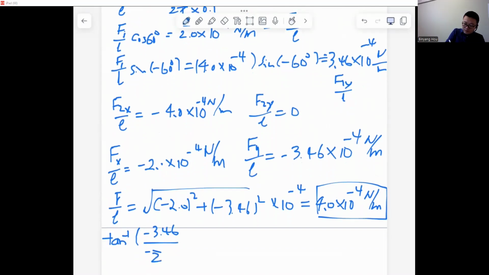That will be tangent inverse of 3.46 over 2, and that's about 60 degrees.